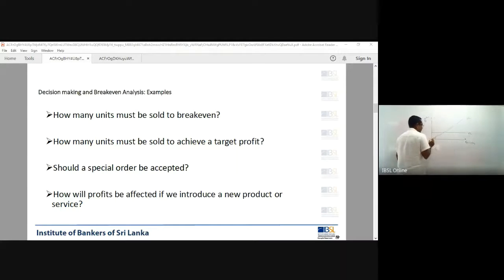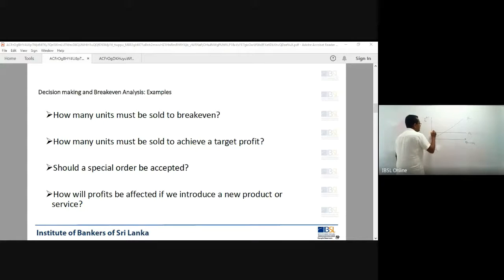So how do we read this? Zero production, we incur this much. That is the fixed cost. 1 unit you produce, this is fixed cost, and you have this much variable cost, right?